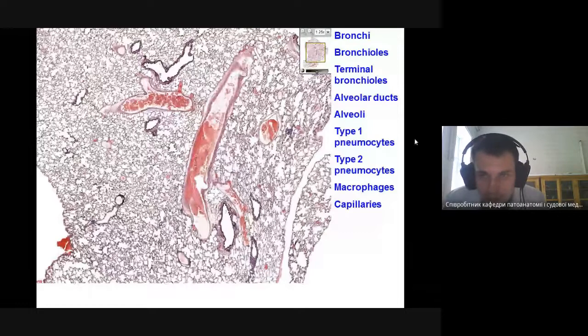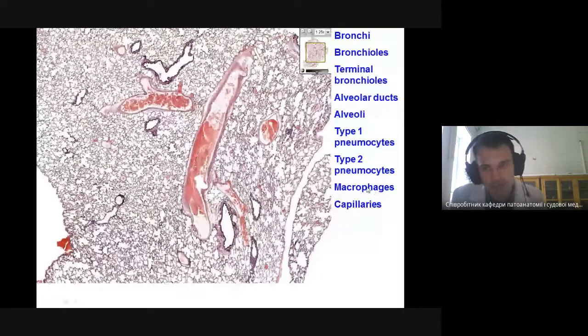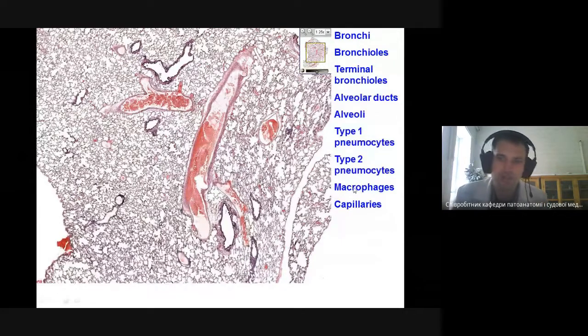Type 1 pneumocytes for respiratory function, to exchange the gases. Type 2 pneumocytes to produce surfactant. So you know this word, right? Macrophages. Actually, pneumocytes are epithelial cells with some macrophagic abilities.